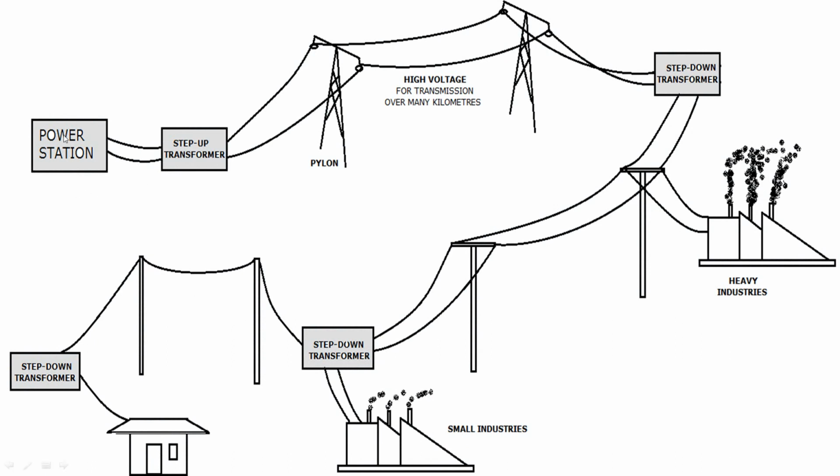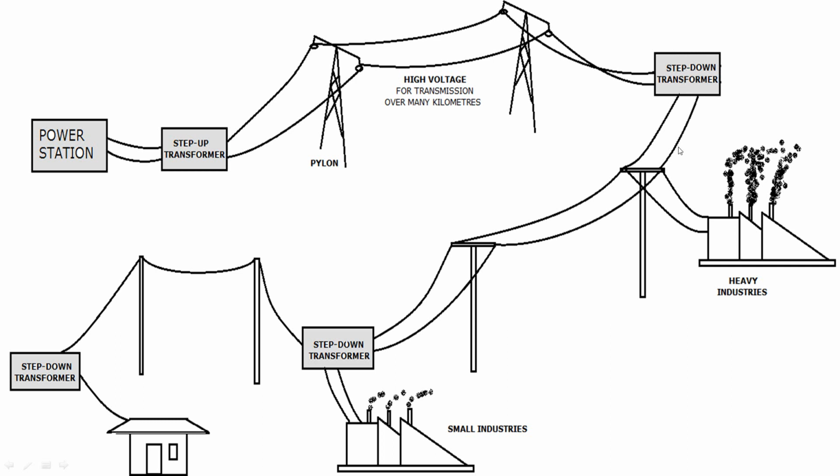Electricity is generated at the power station and stepped up. There's a step-up transformer. Then we have pylons here, and it's transmitted. So we have a high voltage for transmission over very many kilometers. And then at the substation here, it's stepped down. So we have a step-down transformer.